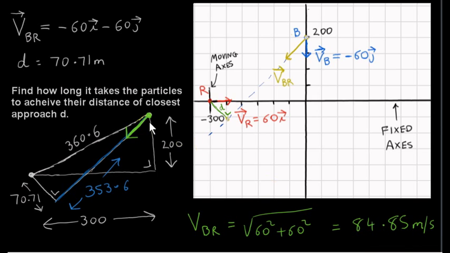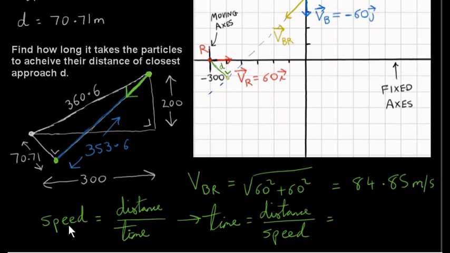So now that we have the constant speed and we have the distance, we can find the time taken for B to go from here to here. Since we're dealing with constant speed, we can use the formula speed is distance traveled divided by time taken. And we can rearrange this to get the time taken. We just interchange speed and time.